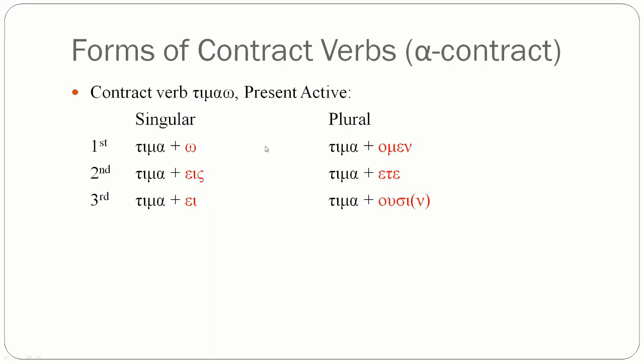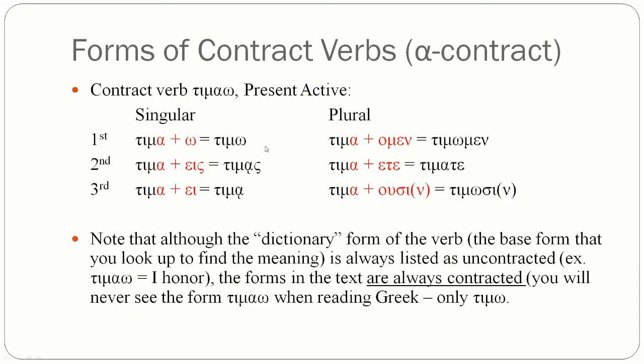Very easy stuff, right? All right, now I've highlighted the end of the verb stem there. This is where you get your equations from the contraction chart. Okay, so have a look at this one now. You go timao for the first person singular, but you can't just leave it there. It's not just timao. Alpha plus an omega blends to form an omega.